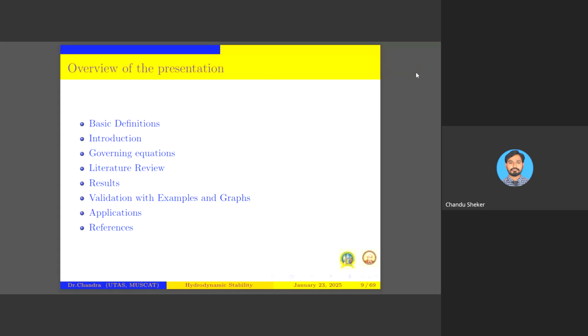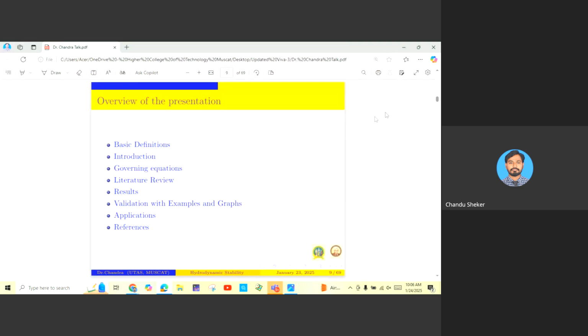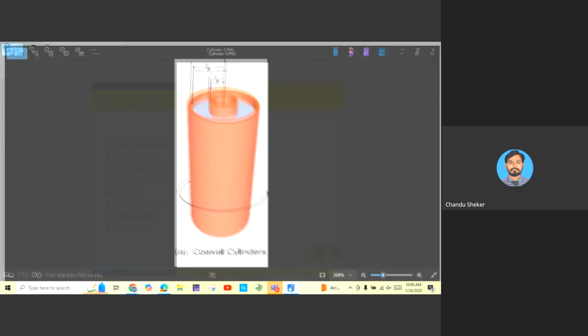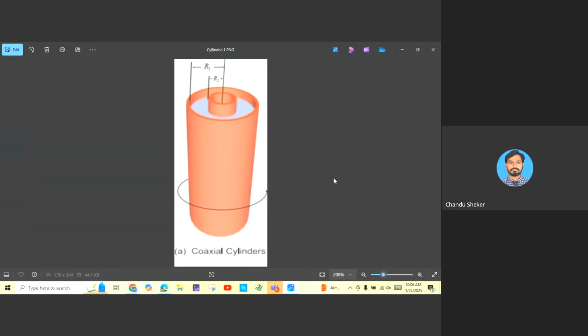Before explaining the definitions, let me show you one diagram here. This is the problem I'm going to derive. We are taking two concentric, coaxial cylinders, and we are going to observe the fluid between the two concentric cylinders with radii R1 and R2.